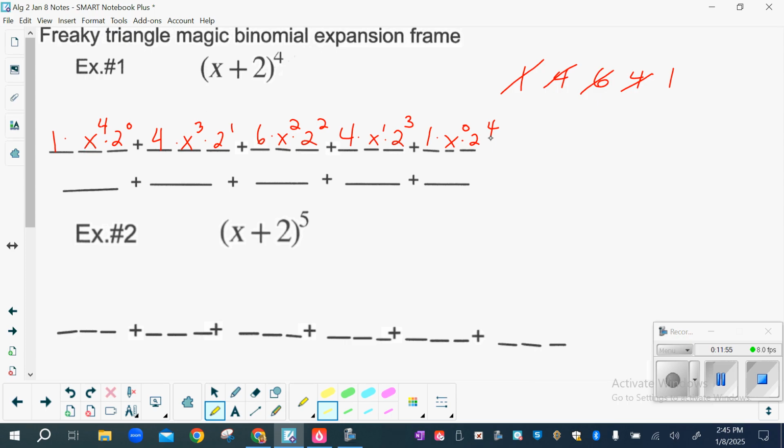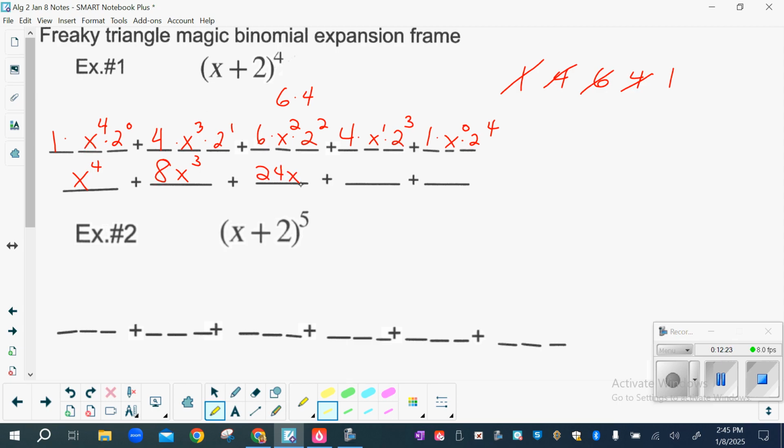So 2 to the 0 we said is 1, right? 1 times 1 is 1. So this would just simplify to x to the 4th. So 2 to the 1 is 2 times 4 would give me 8x to the 3rd. This is my simplified answer. This is what I want to get to. What's 2 squared? Yeah, so 6 times 4 would give me 24.